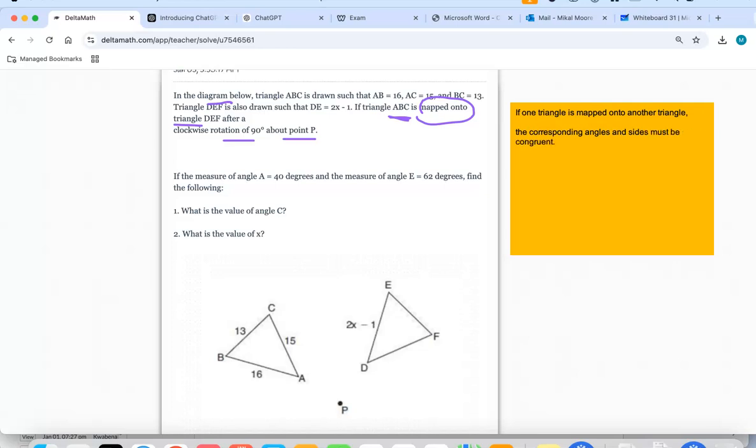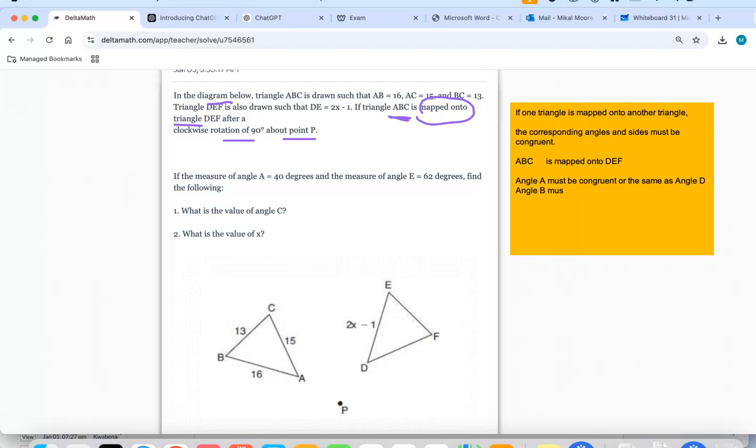What does that mean? We have ABC is mapped onto DEF. So this means that angle A must be congruent, or the same as, angle D. Angle B, and notice the order of the letters: D comes first, so A and D match up.